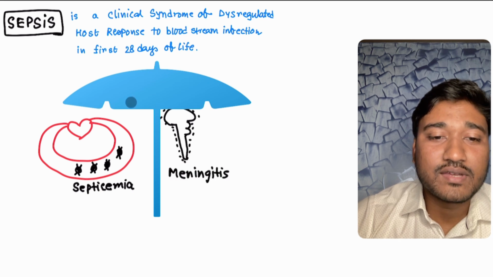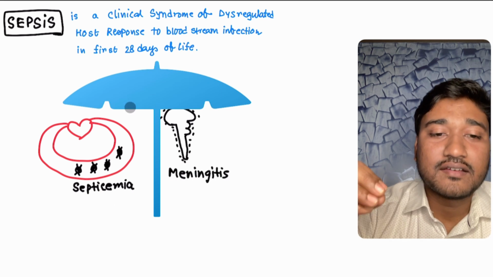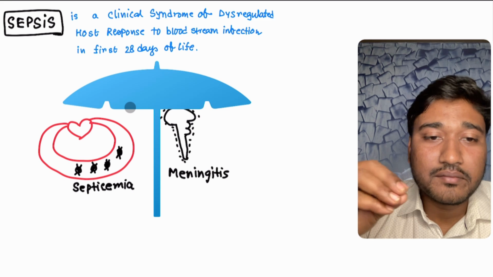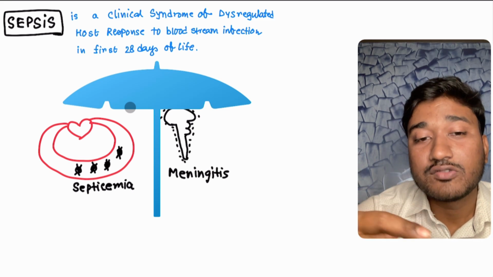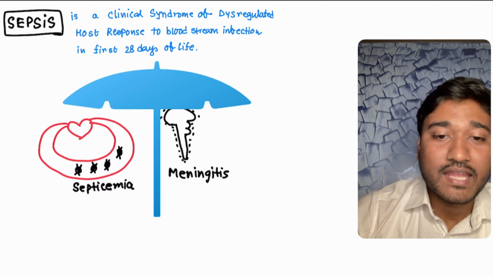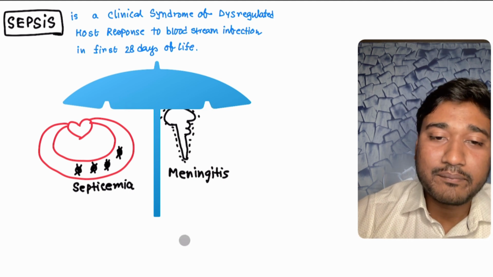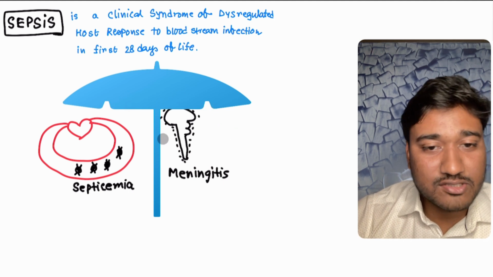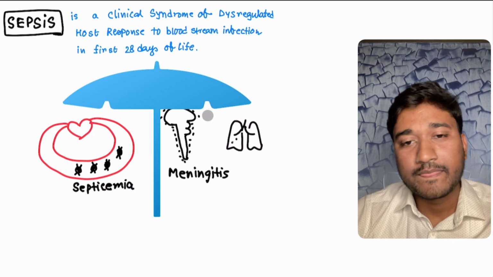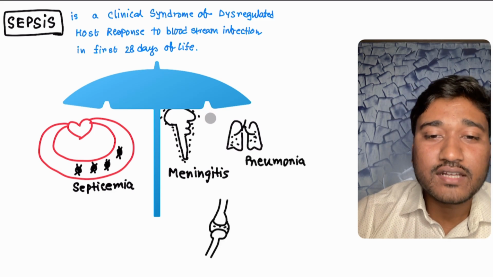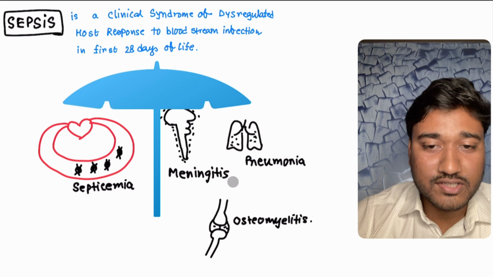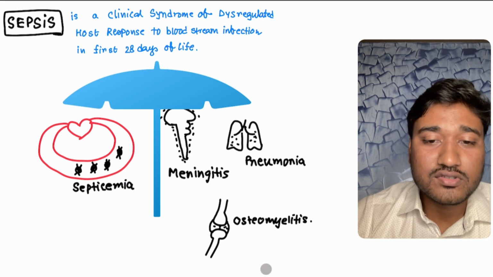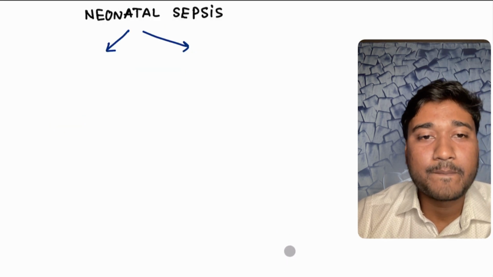Under this umbrella you can see there is septicemia. That means the bacteria which invaded into the blood are multiplying, and also the bacteria may go to the brain and eventually lead to meningitis, or it could be pneumonia. Look here, the bacteria went into your lung and eventually cause pneumonia, or it could cause osteomyelitis.